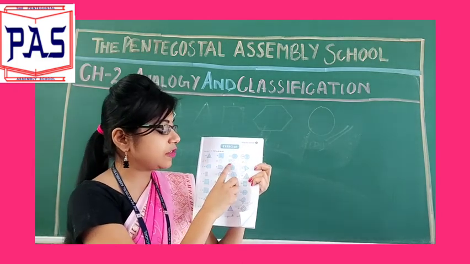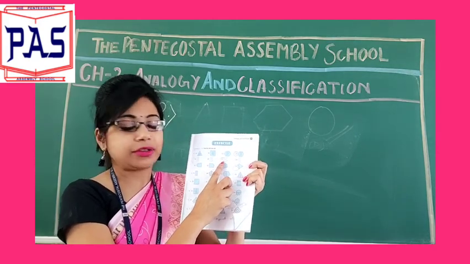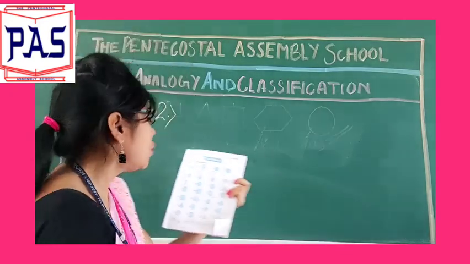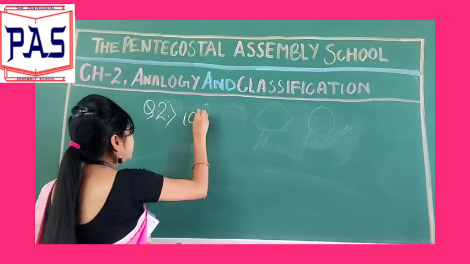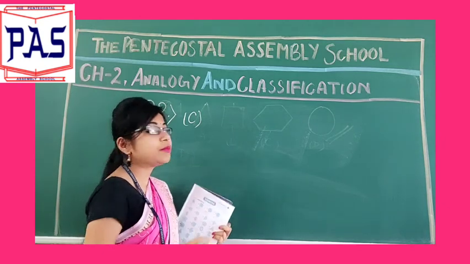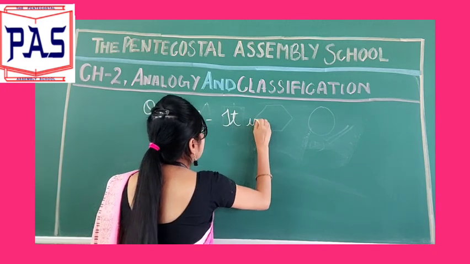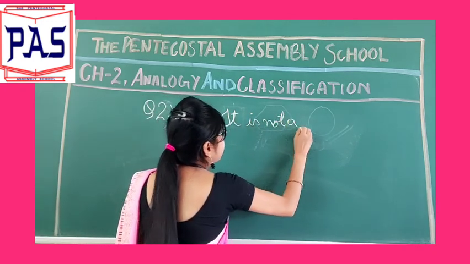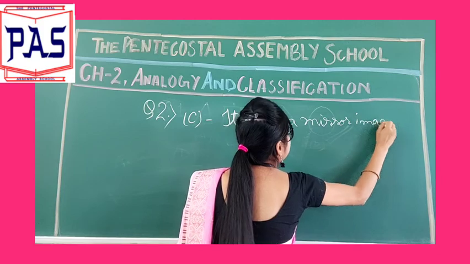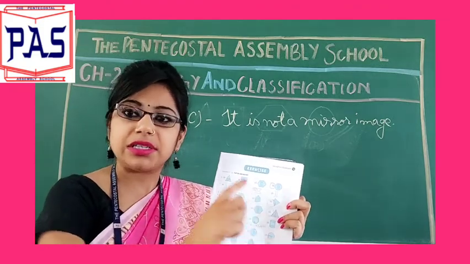The figure in option C is not a mirror image. So this one is odd. Option C, the figure in option C is not a mirror image. So your answer for question number 2 is option C.